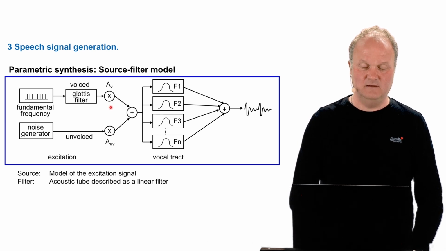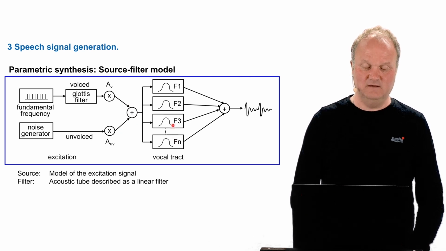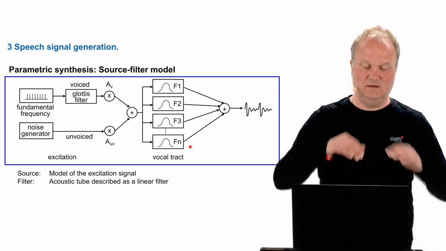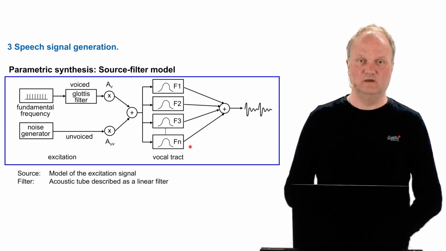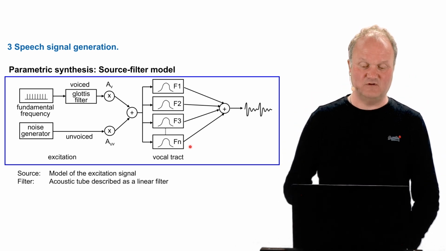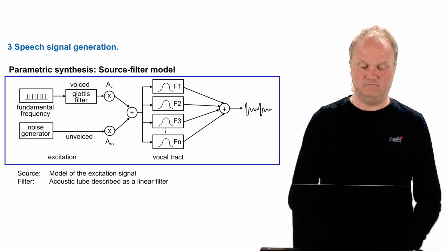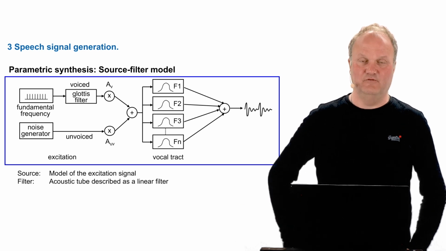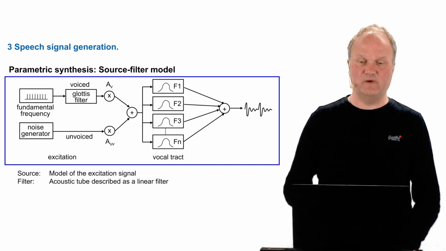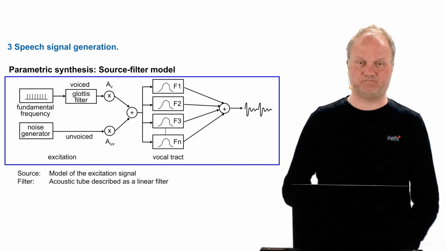We can combine the amount of energy in the voiced and unvoiced excitation parts, and we can define the central values and the width of the formants for generating the vocal tract information. So in principle, if we have values for these parameters, we can synthesize a speech signal on that basis.